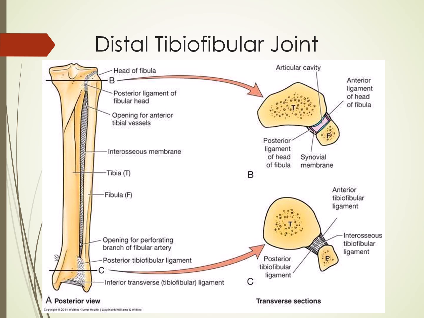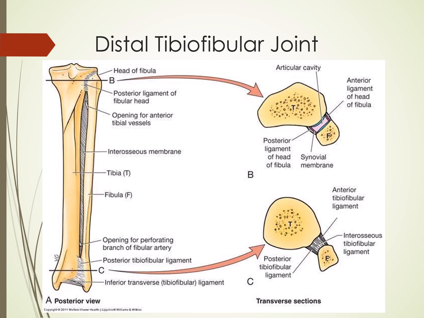Now the integrity of the inferior tibiofibular joint is essential for the stability of the ankle joint, because it keeps the lateral malleolus firmly against the lateral surface of the talus. If we talk about the articulating surfaces of the distal tibiofibular joint, the rough triangular articular area on the lower end of the fibula articulates with a facet on the inferior end of the tibia.